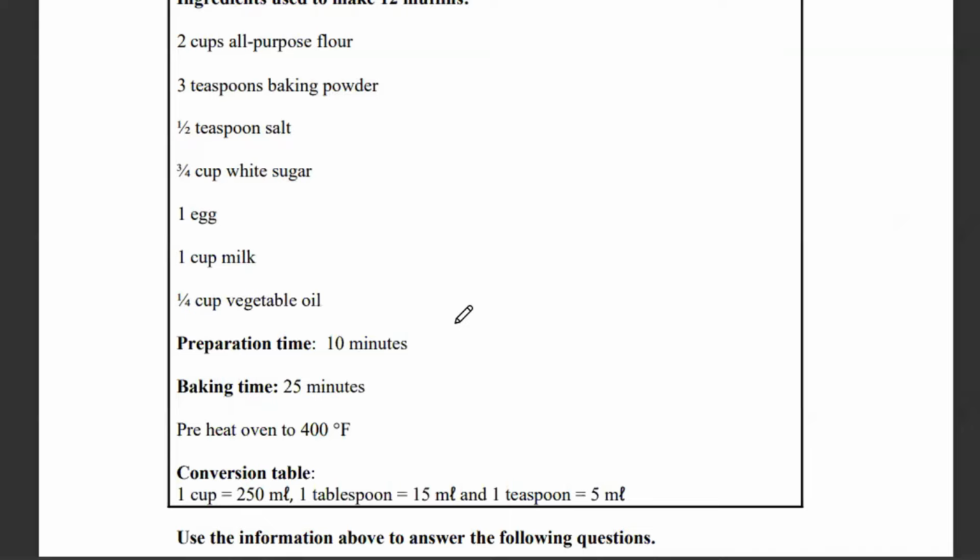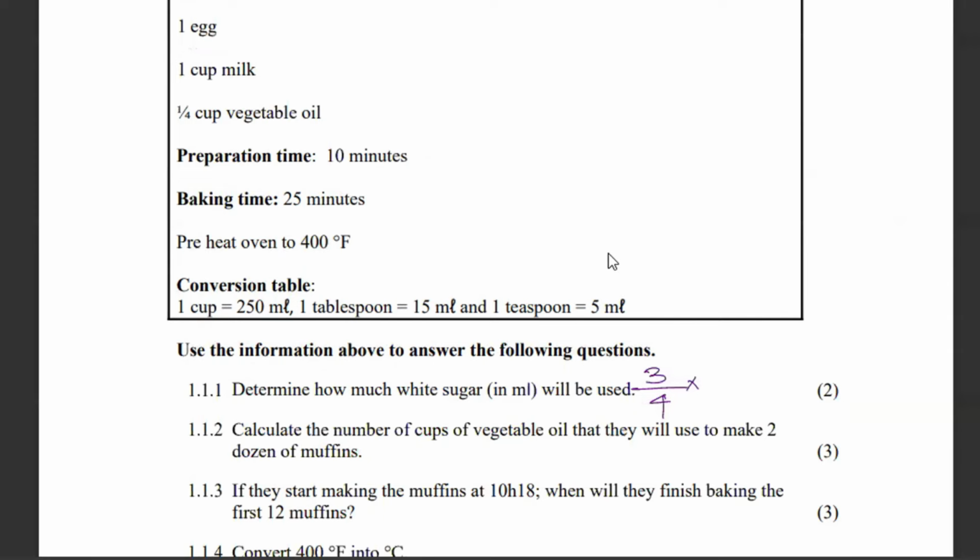They're telling us to use the information above to answer the following questions. Determine how much white sugar will be used in the meal. So we've seen that white sugar here we need 3/4. So here we shall say 3/4 times a cup. 1 cup is 250.